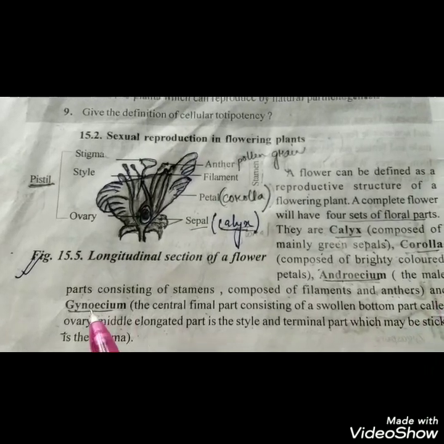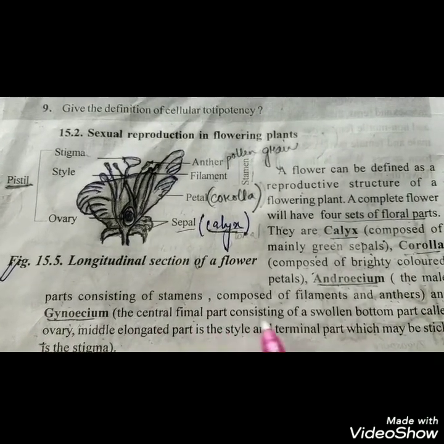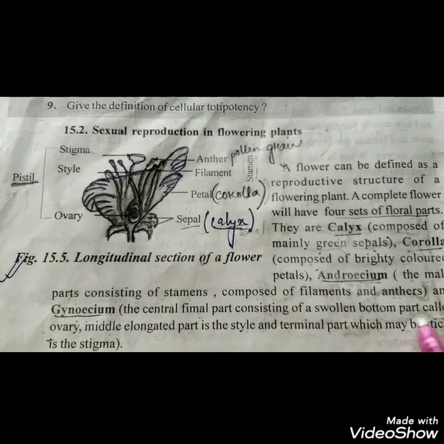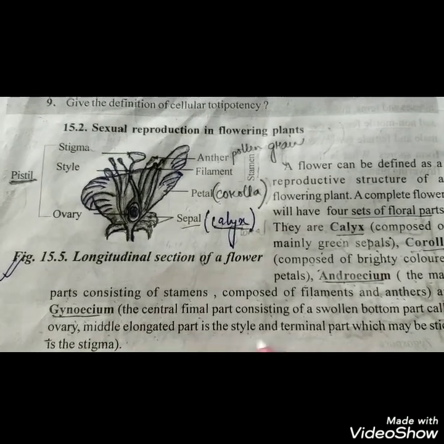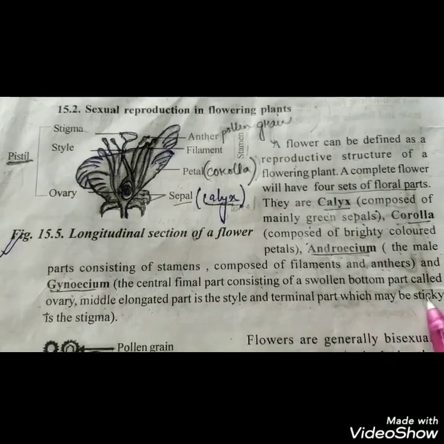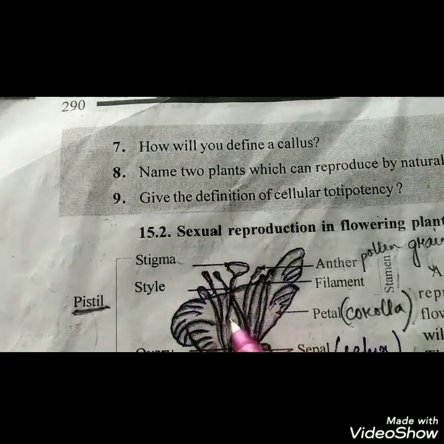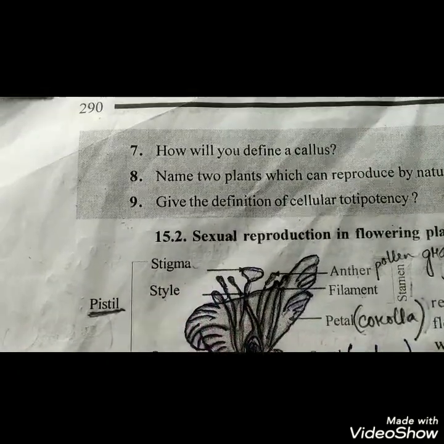Gynoecium, the central female part, consists of a swollen bottom part called the ovary. The middle elongated part is the style, and the terminal part, which may be sticky, is the stigma. So this is the female part of the flower. Here you will see the stigma, style, and the ovary.